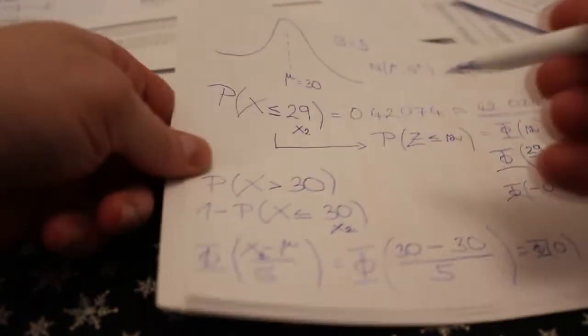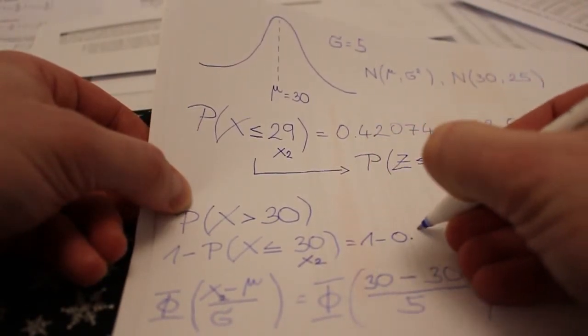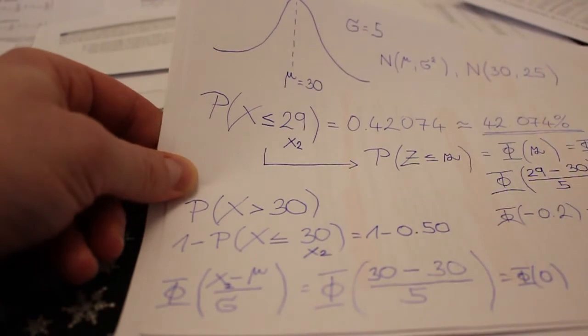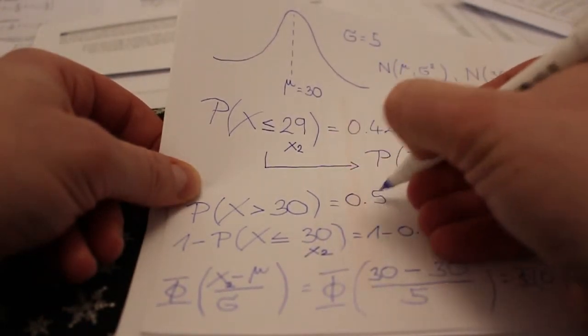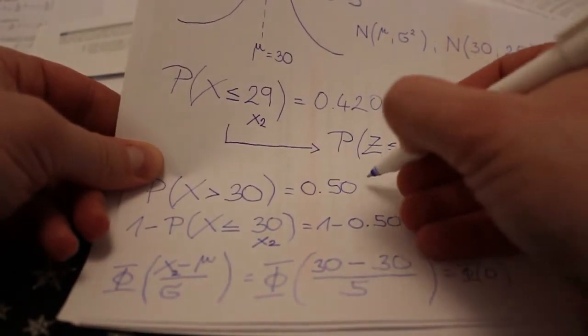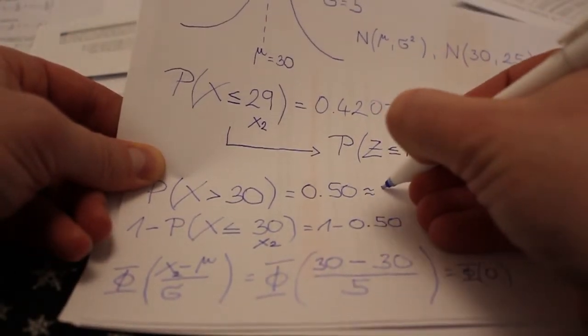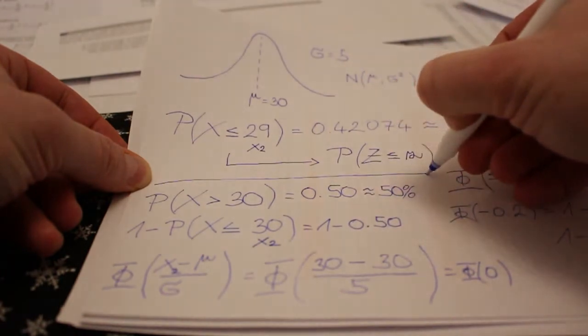So 1 minus 0.50 is equal to 0.50, and this can be interpreted like 50%.